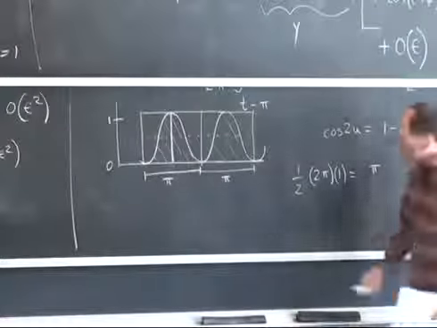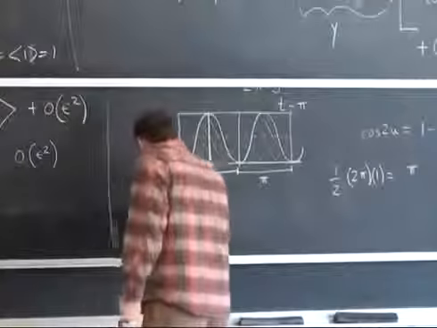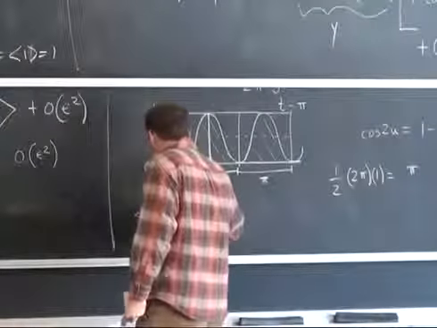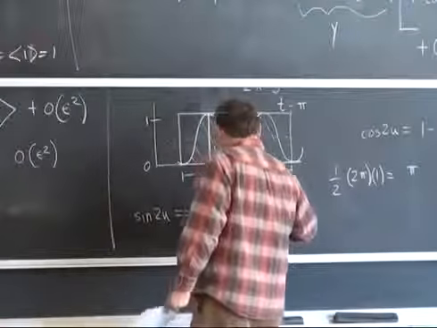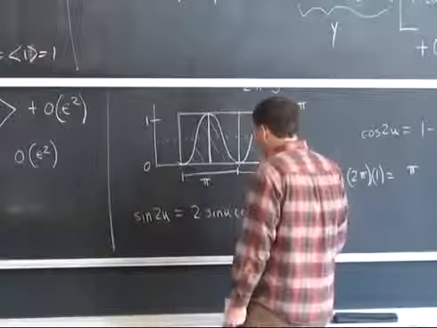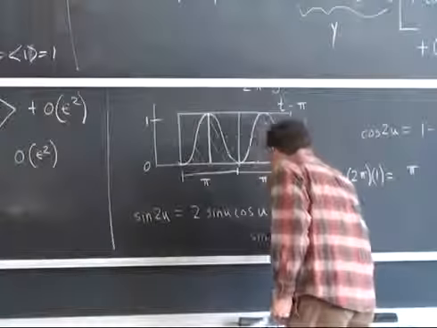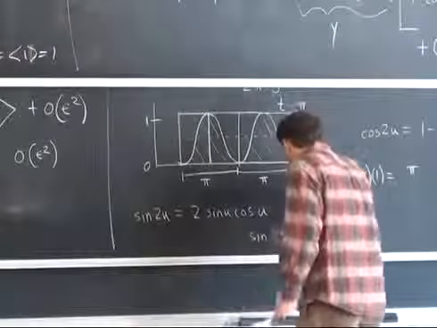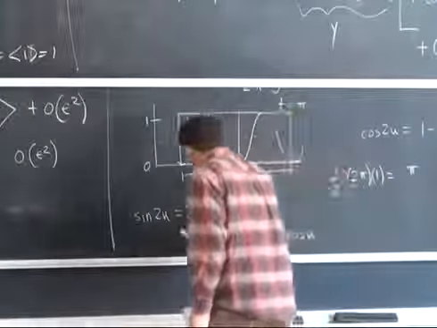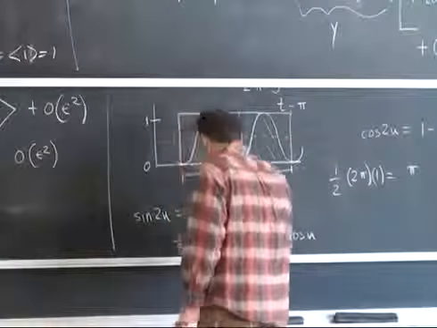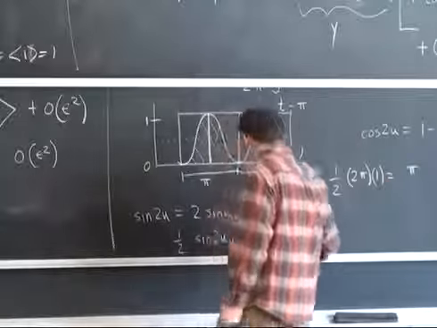And we also have to do the average of sine squared times cosine squared. Well, for that, we can remember that sine of 2u is 2 sine u cosine u. So doing an average of sine u cosine u is the same as doing an average of 1/2 sine of 2u.